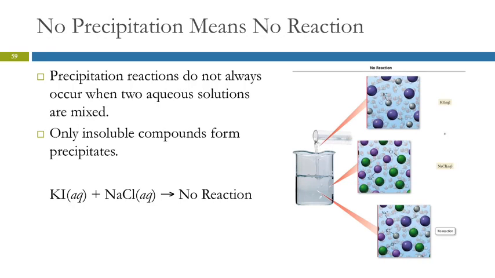Something has changed, but it's not a chemical reaction. Because potassium and chloride are just not that attracted to each other. Potassium chloride, you look at the solubility rules, potassium compounds are always soluble. Look at sodium and iodide, sodium compounds are always soluble. Nothing's going to precipitate. So you don't always get a precipitate.